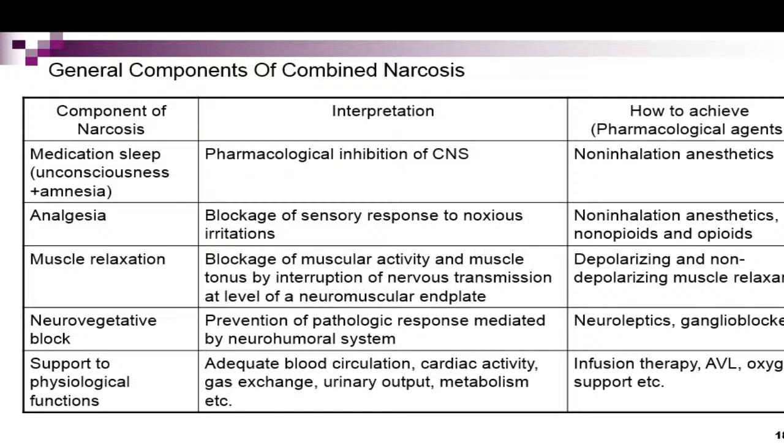They suppress pain. Muscle relaxation: this is relaxation of striated muscles. We must use depolarizing and non-depolarizing muscle relaxants for relaxation of muscles. And neurovegetative block. We can use neuroleptics or ganglion blockers. For each component, we should use a specific pharmacological group.